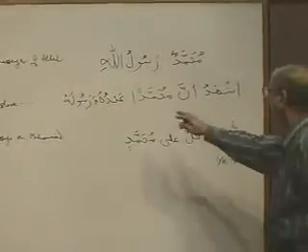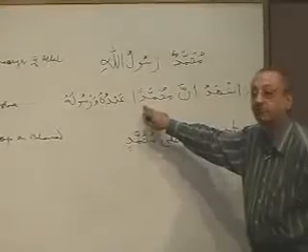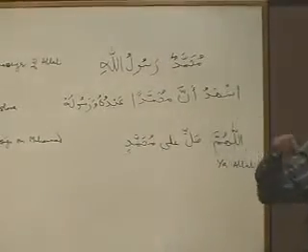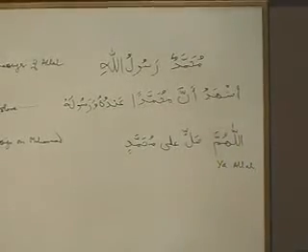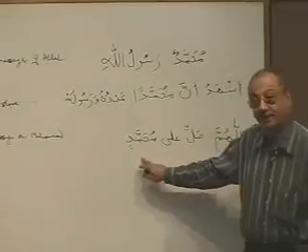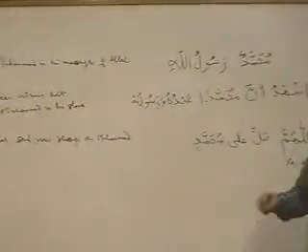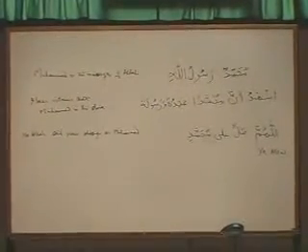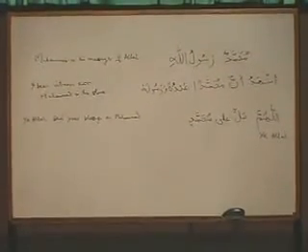It can decline to tanween fatha, or if you have al, then it is one fatha, or it can decline to tanween kasra, or with alif and lam, with al, one kasra. Okay, brothers and sisters?